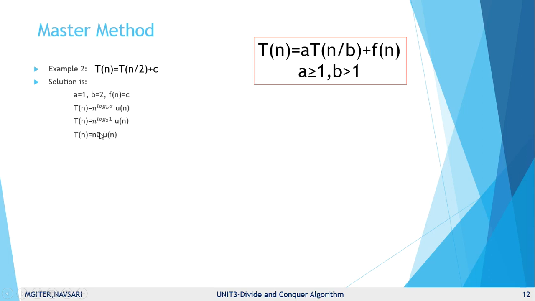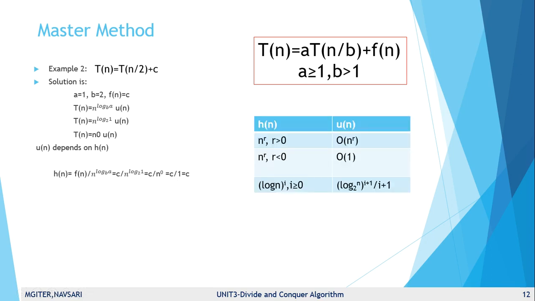Now something raised to 0 is 1. Now we find the value of U(n), that is h(n) = f(n) divided by n raised to log base b of a. The value of f(n) is c divided by n power log base 2 of 1, that is c divided by n raised to 0, which is c divided by 1, so it is equal to c. We get some constant value c.